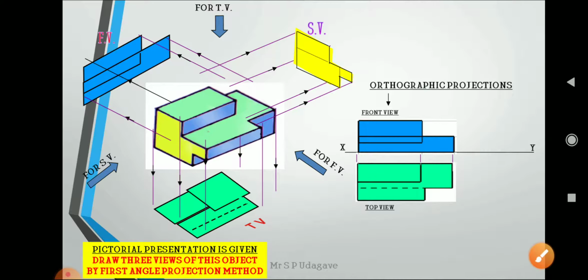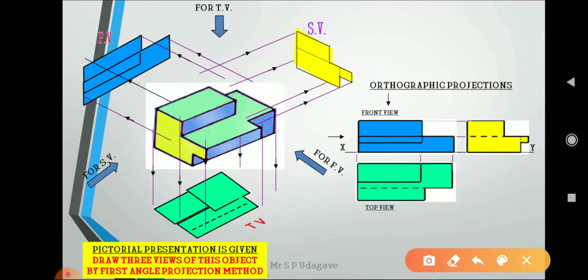In a similar way, that is all the views: the front view, top view, and side view, in which any invisible part that appears we can draw with a dotted line. In the same way, in the side view we cannot see the edge related to this block.